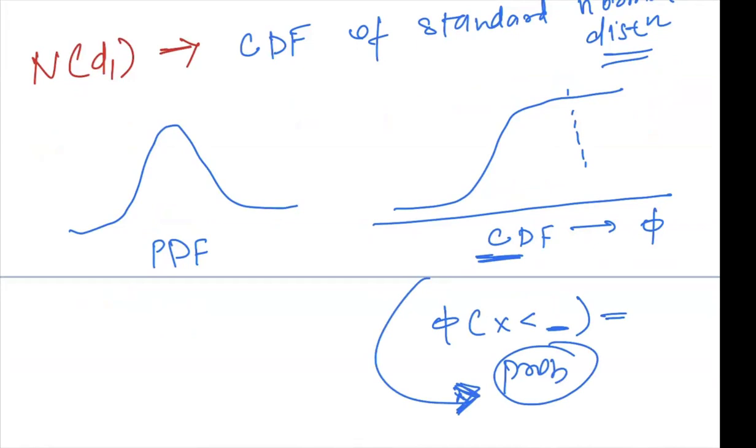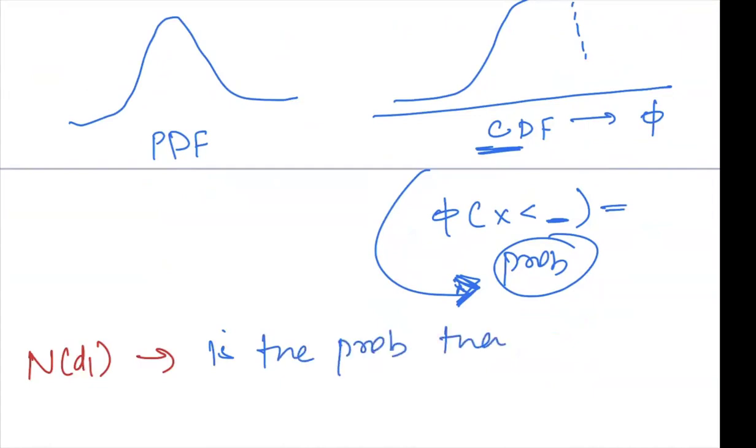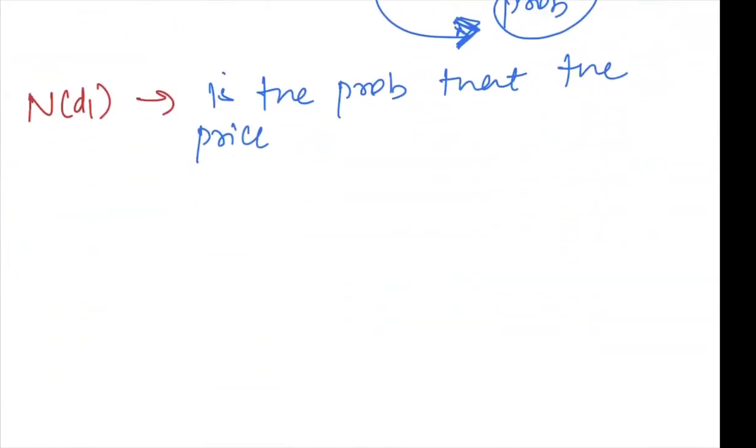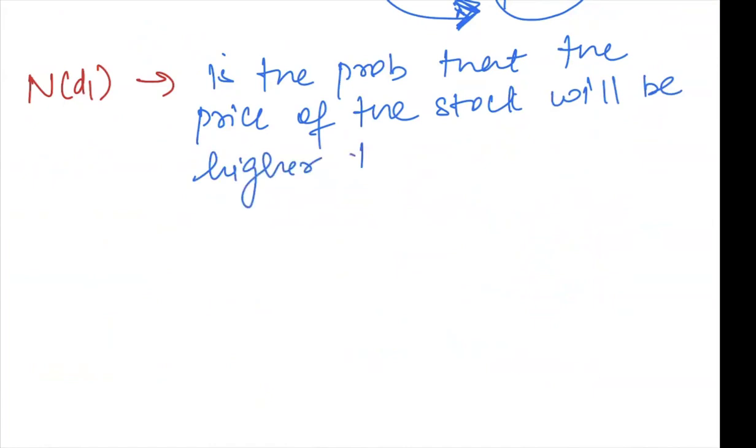Let's see. ND1 is nothing but the probability that the price of the stock will be higher than the strike price.